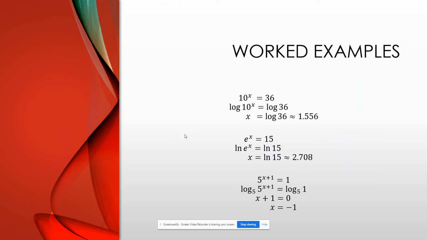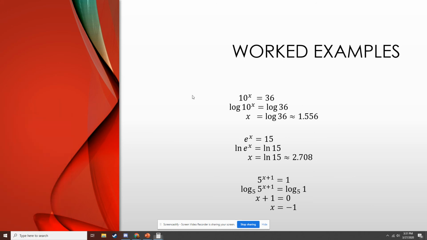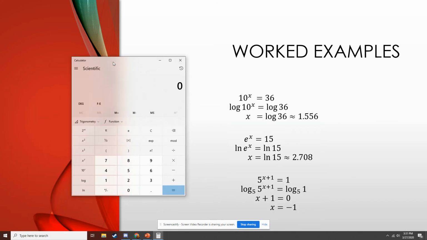Let me pull up my calculator real quick. And I'm going to do the log base 10 of 36. So for this particular calculator, I type 36, press logarithm. That's about 1.556. Obviously, it goes on forever and ever.